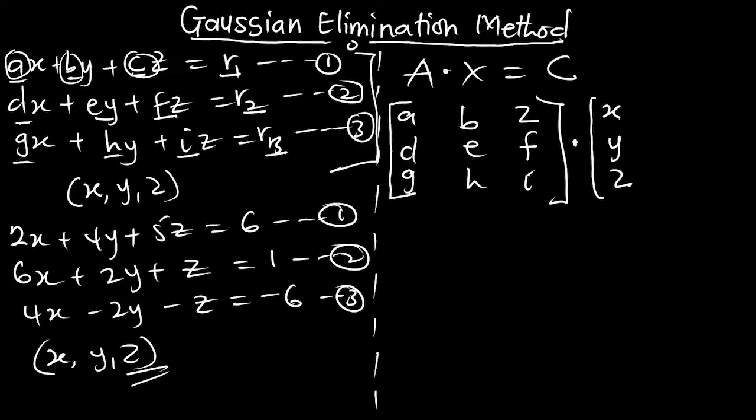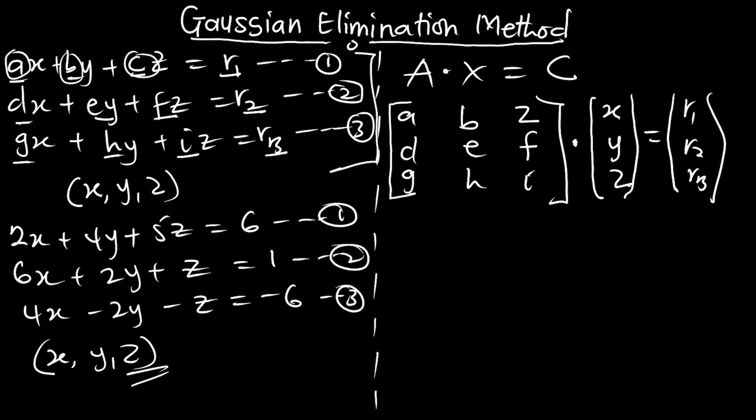So all those in the first column are for the x, the second column is for the y, and the third column is for the z, this way. And our c is going to be the R1, R2, and R3 this way.